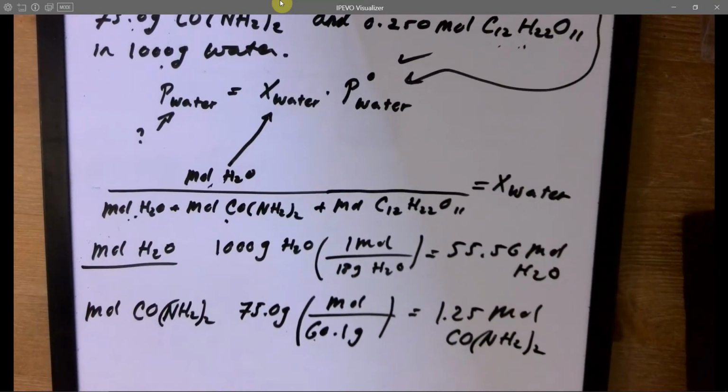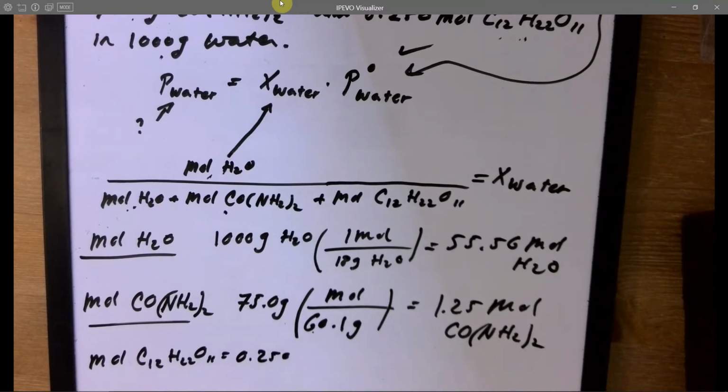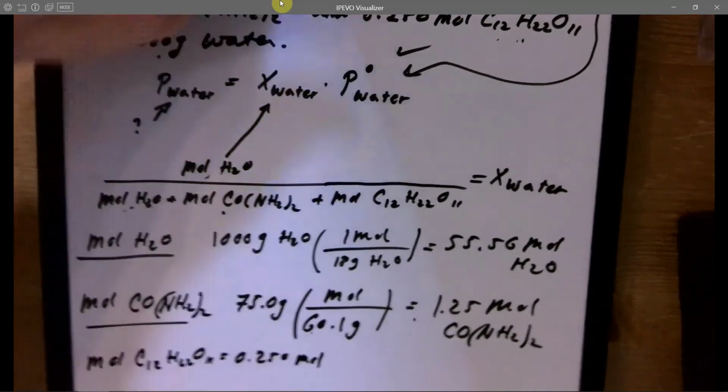Okay. So we have the moles of urea, we have the moles of water, and the moles of sucrose we were given, which is equal to 0.250. Okay, so now we can figure out X. Okay, let's go down.